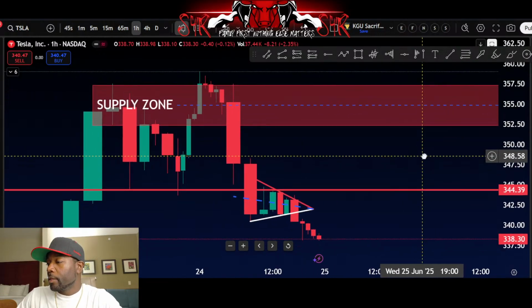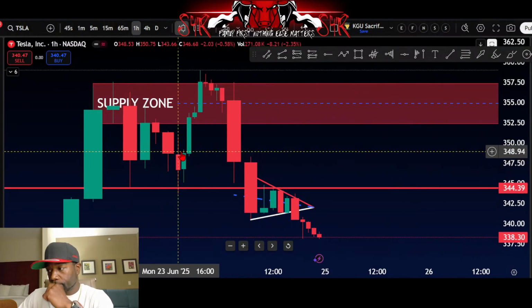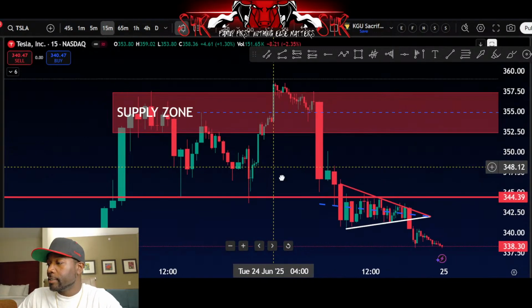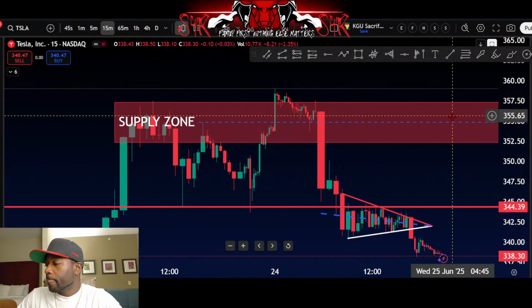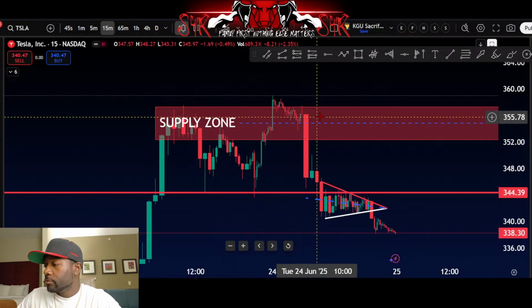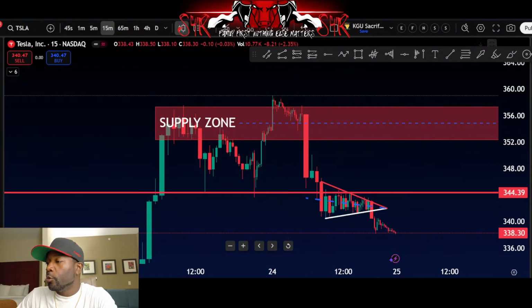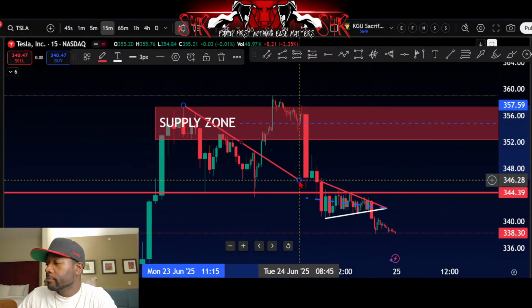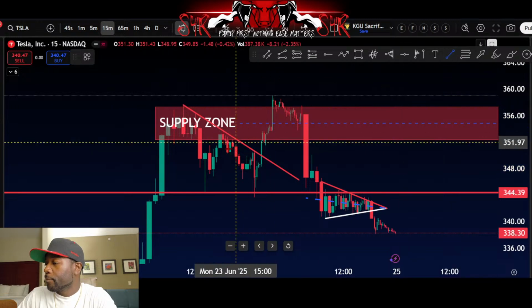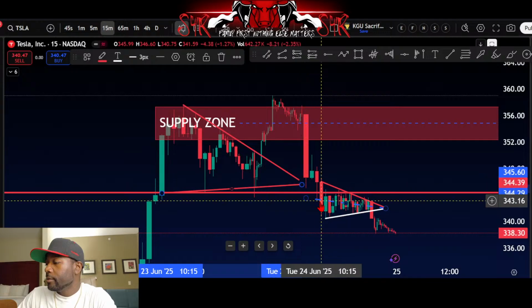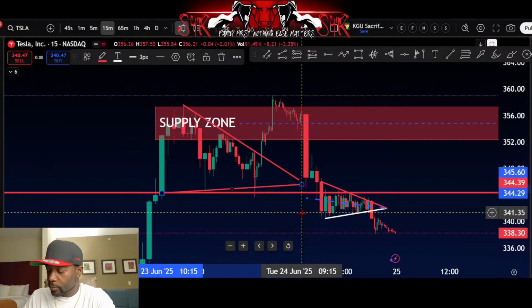But anyway, I used this as the supply zone, and then I zoomed in, and I was paying attention to the price action. Okay, so at first, if you guys remember, I said that this right here was what? We remember what that's called?